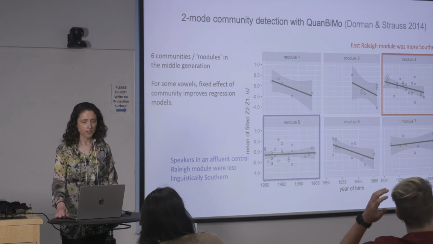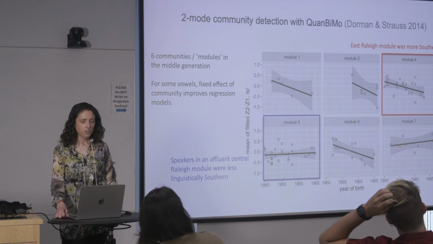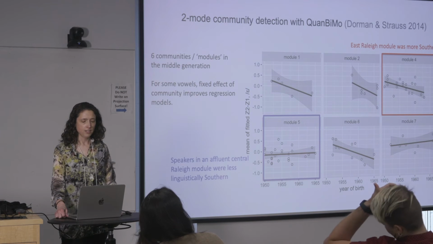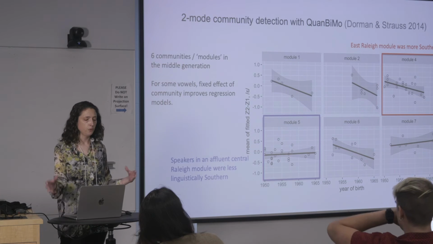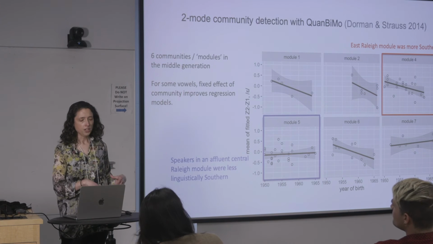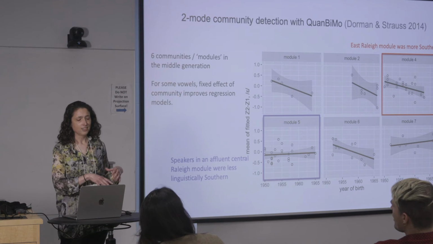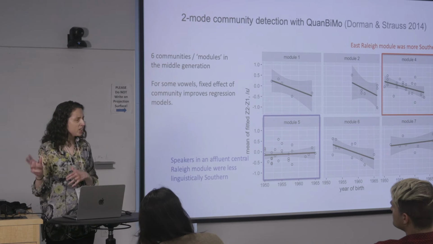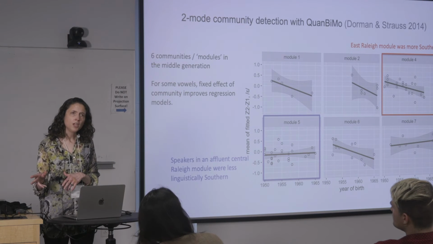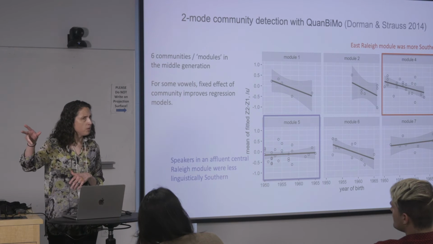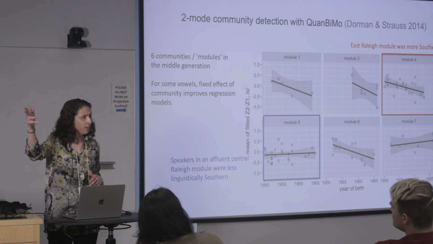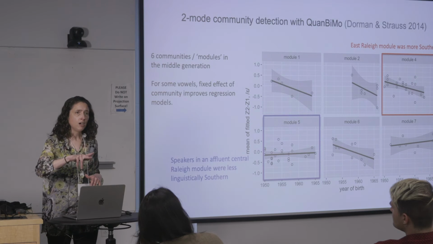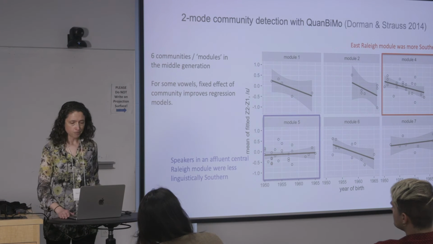One of the things I found out is, if you compare speakers in this affluent central Raleigh module, you find out that they were less Southern than speakers in a working class East Raleigh module. And that working class East Raleigh module was also where white flight was happening at the time. And so there's a lot to talk about there.